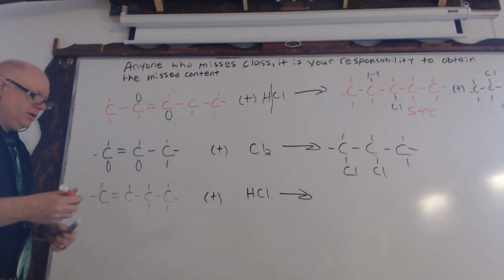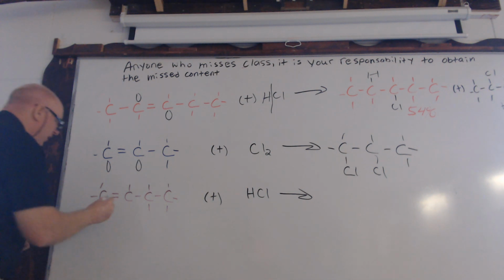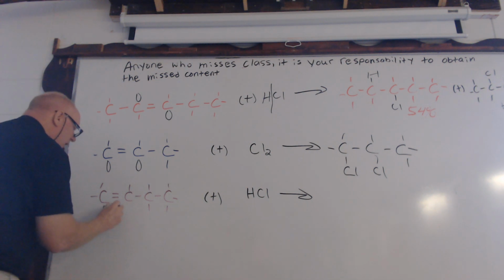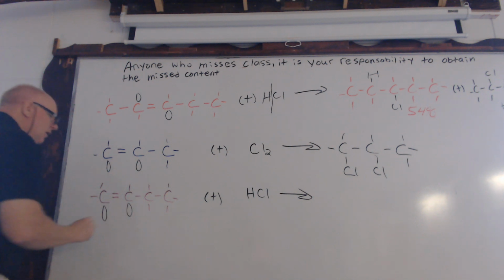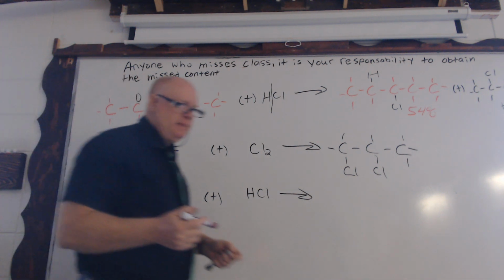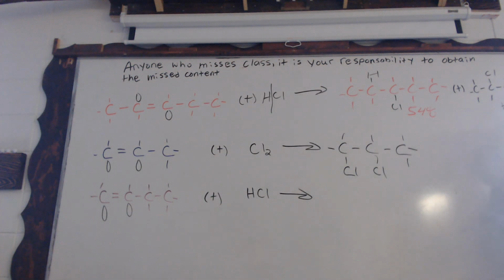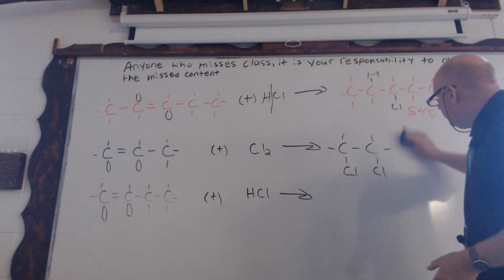So as you would guess, what we're going to see happening, we have availability for bonding there and there, and it's going to react because of these weak pi bonds that we have here. And then as this reaction proceeds, the one that you're going to get the majority of is called the major product, and you would have to label it that way.